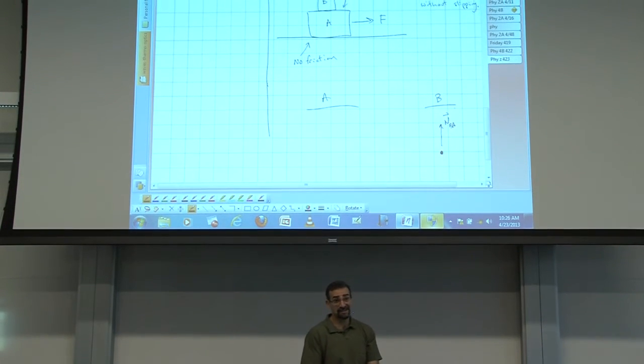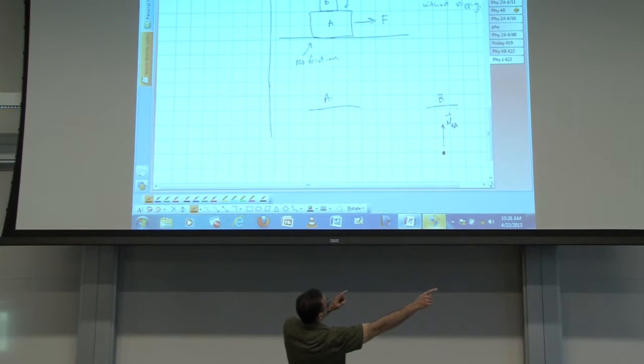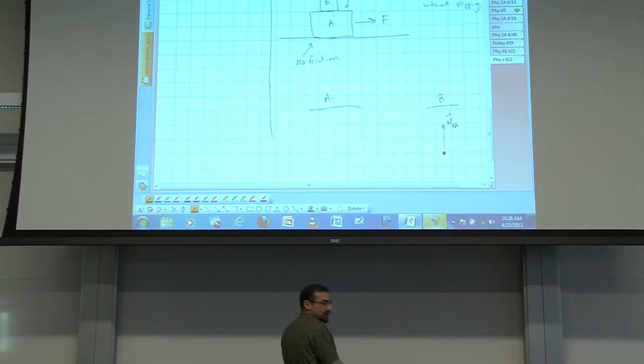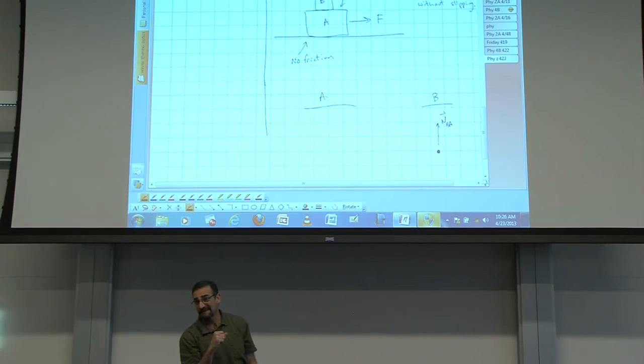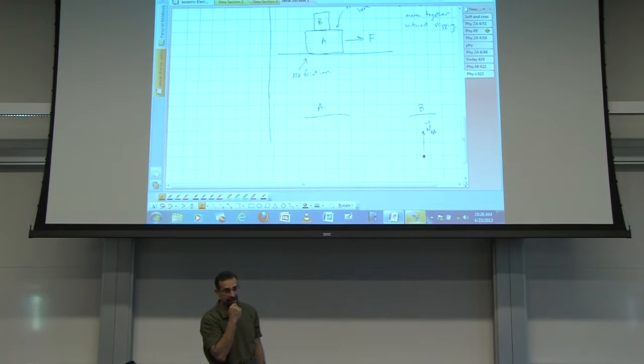But this is a little different. What would happen if there was no friction between those two blocks? We pull block A to the right. What happens to block B? It stays right where it is, and it falls to the ground after A slides out from underneath it, right? We all agree with that?